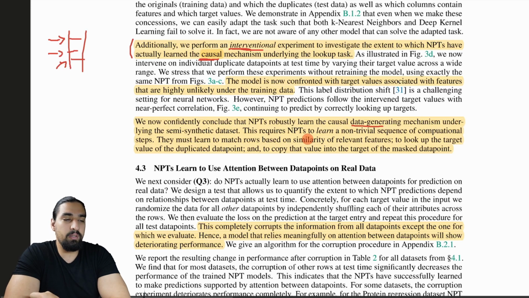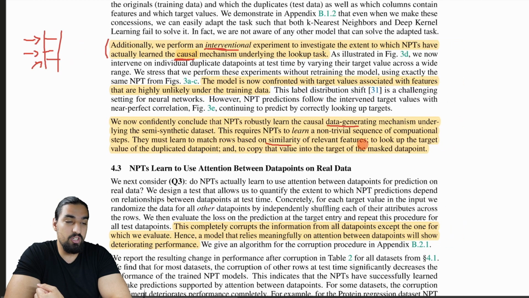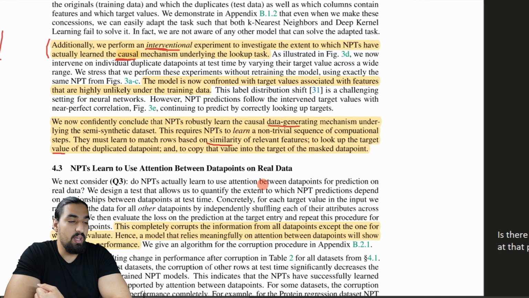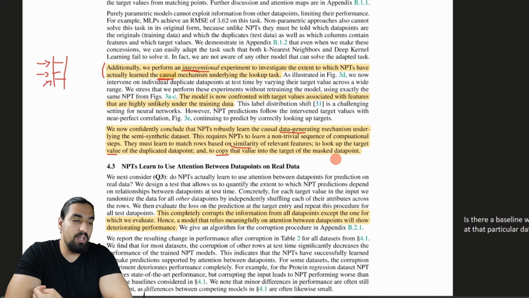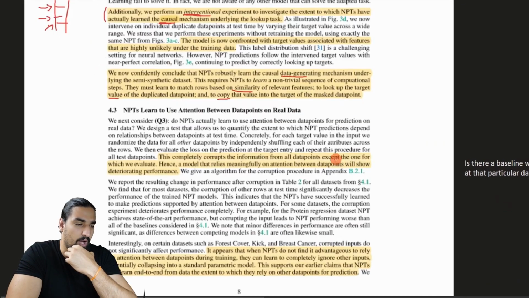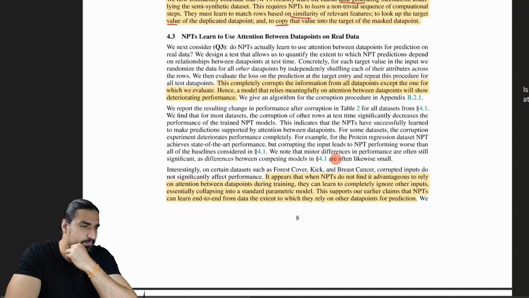This requires MPTs to learn a non-trivial sequence of computational steps. They must learn to match rows based on similarity of relevant features, to look up the target value of the duplicated data point, and to copy that value into the target of the masked data point. So that's what I already explained, and hopefully now it makes more sense.